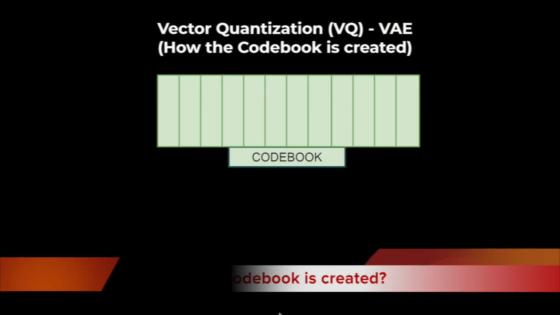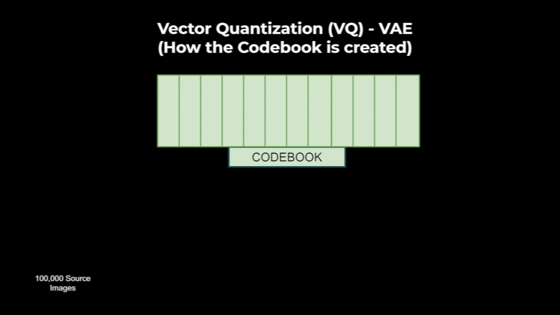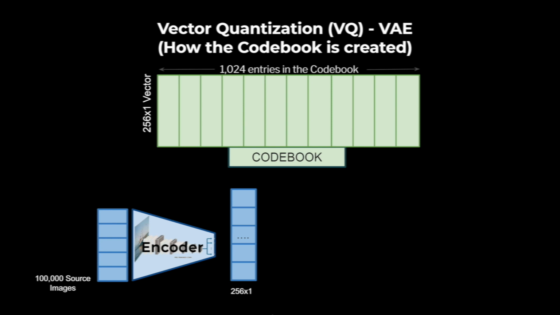So now let's take a look at how the codebook is generated. Let's start with 100,000 source images and 1024 entries in our codebook of size 256 by 1 vector space. We have the encoder to encode an input image of size 256 by 1, as defined by our codebook per-entry size.